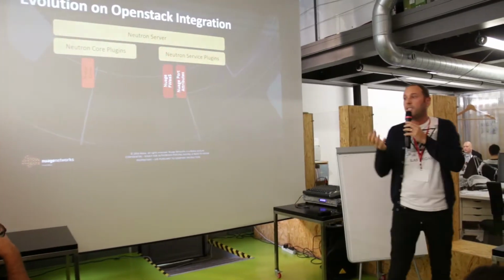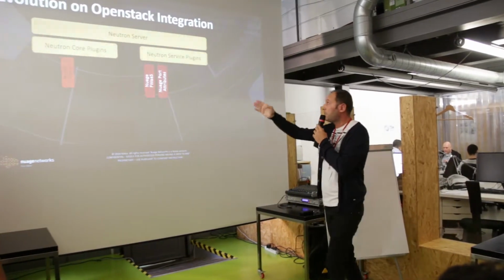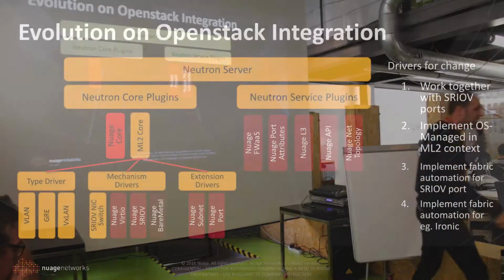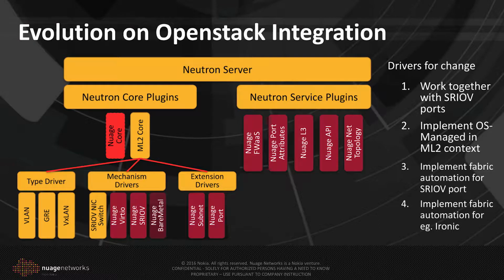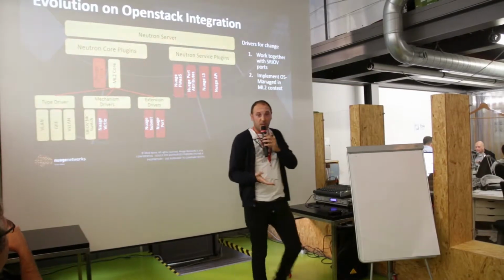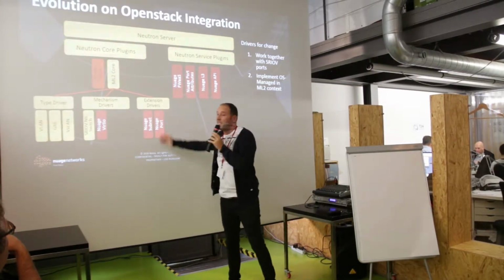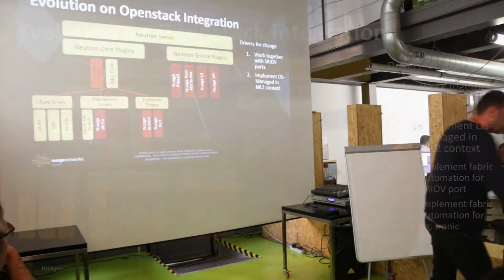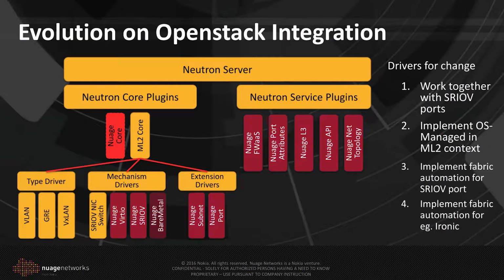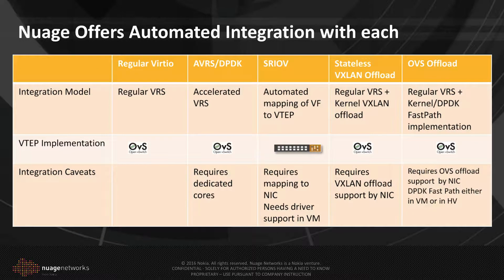One is the monolithic plugin, so everything is in this plugin. And another one is this one. It is more complicated, but it is just the ML2 plugin, Modular Layer 2 plugin, that enables the possibility to use different drivers.